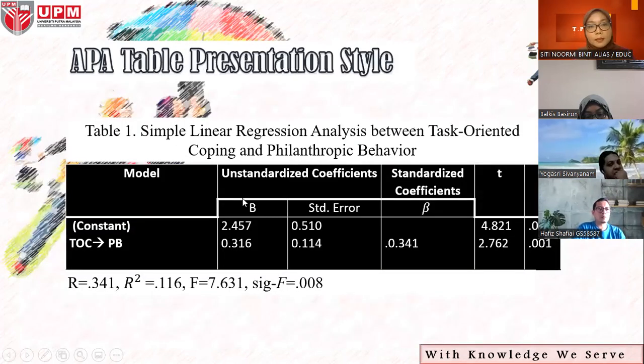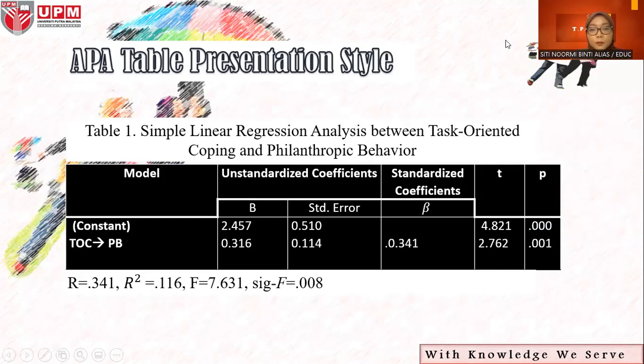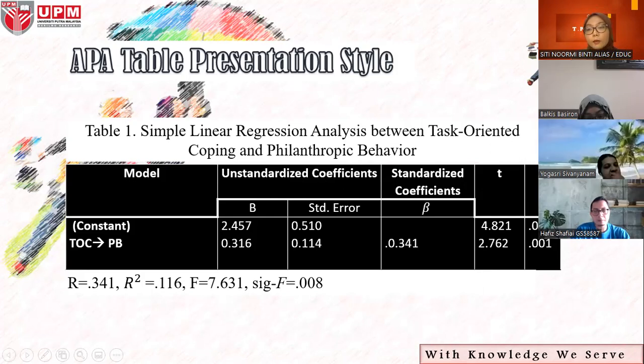Okay, so this is APA table presentation style. Table 1, simple linear regression analysis between task-oriented copying and philanthropic behavior. In the table, you just report the individual contribution. According to APA style, we just report the individual contribution.